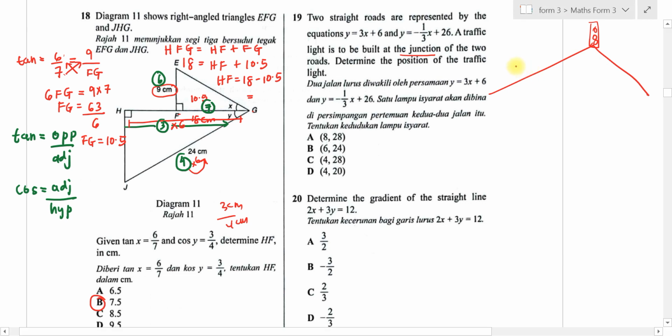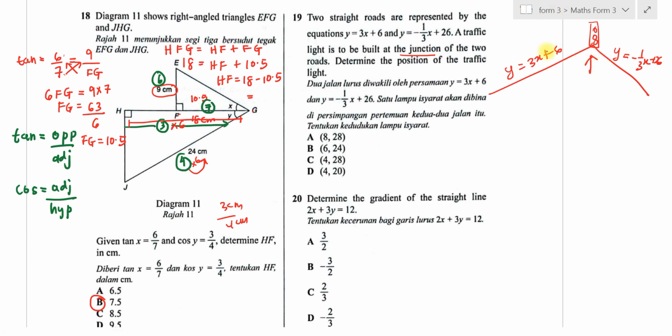So this line is y equals 3x plus 6. This line is y equals negative 1 over 3x plus 26. Okay, so find the position of the traffic light. That means the point of intersection. If two lines are intersecting, you need to find the point of intersection.